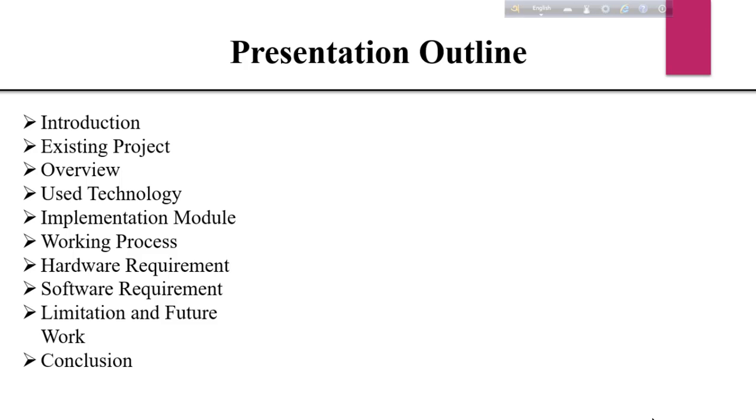Then I talk about hardware and software requirements, what your phone needs to install this application. Then I talk about the application's limitation and future work. In future, what do I want to do for this project? Then I talk about the conclusion of my project.